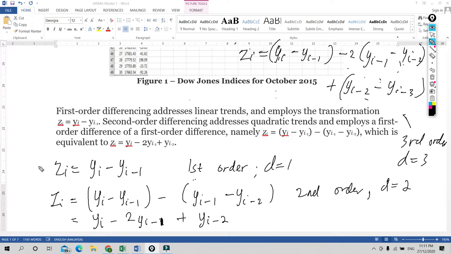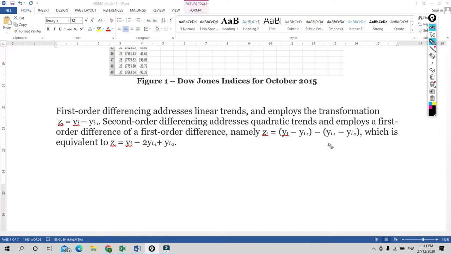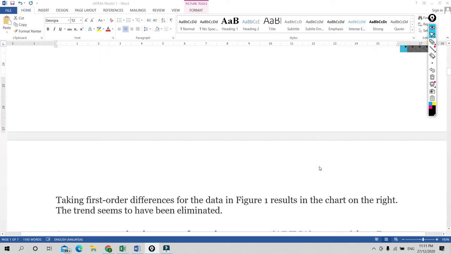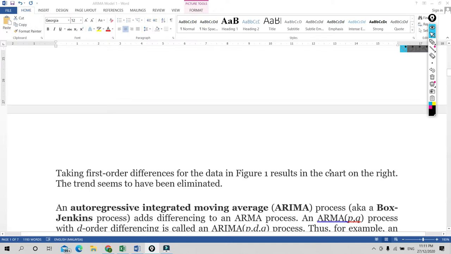So this is first order, this is second order, and here is your third order difference. For our case here, we just restrict ourselves to two order differences. We do not go beyond that, not more than two. We just do the first and the second order differences.